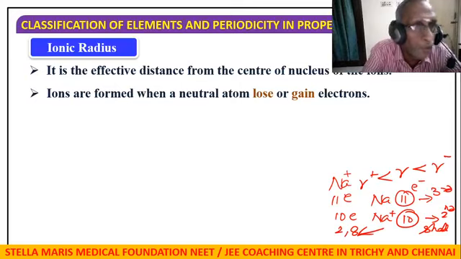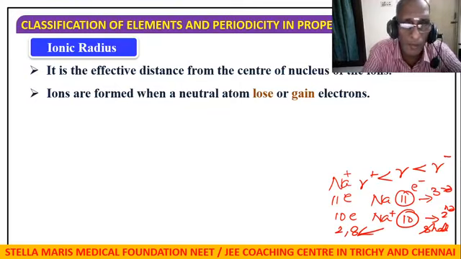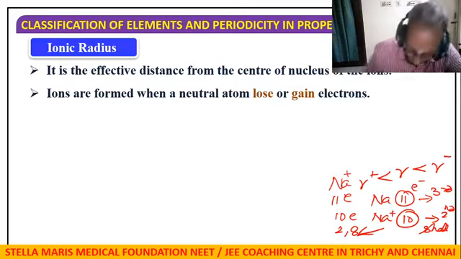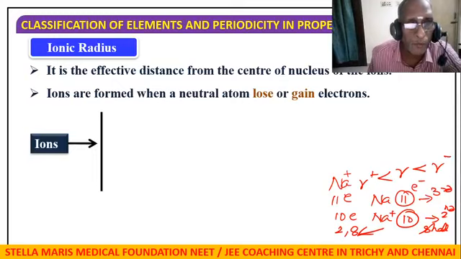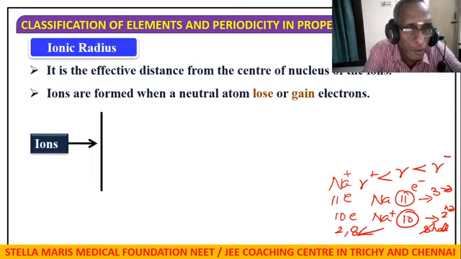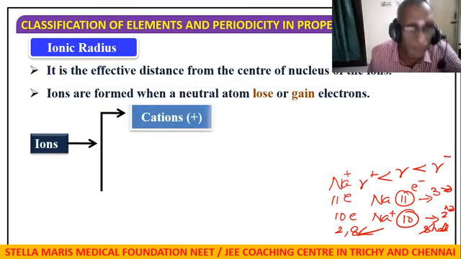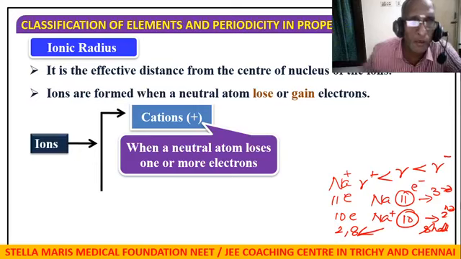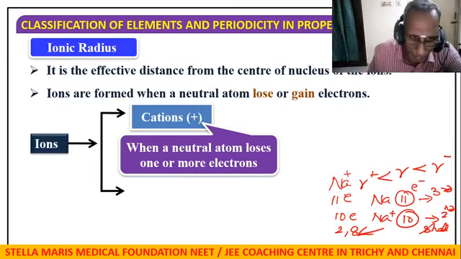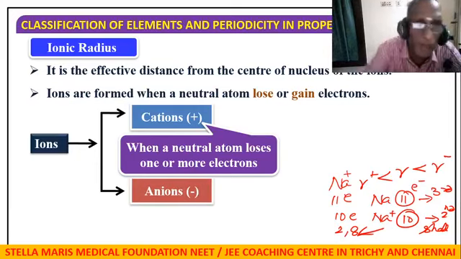How are ions formed? Ions are formed by the loss or gain of electrons from a neutral atom. For example, if an atom loses one electron, it becomes positively charged, that is a cation. If it gains one electron, it becomes negatively charged, that is called an anion. All these aspects we are already aware of.